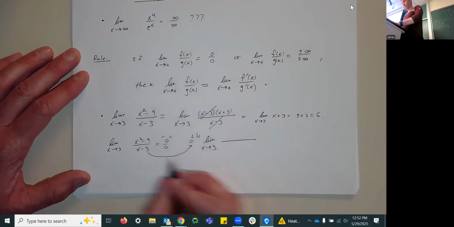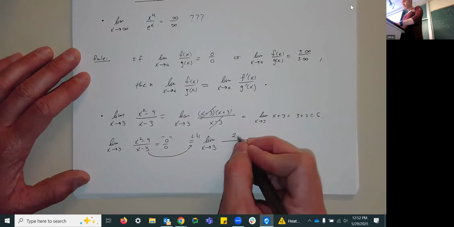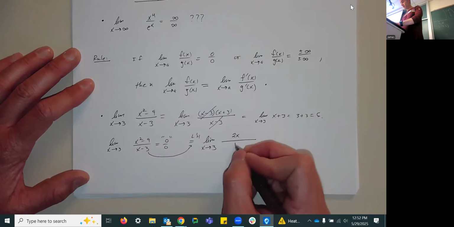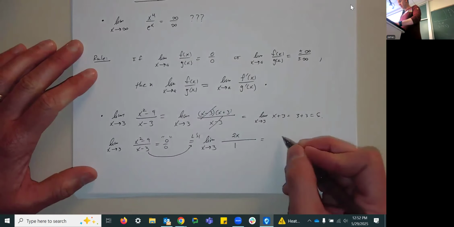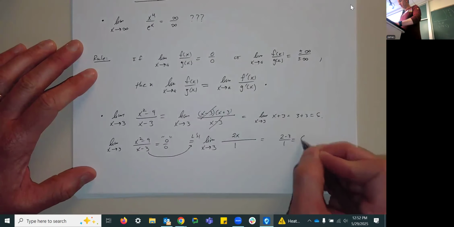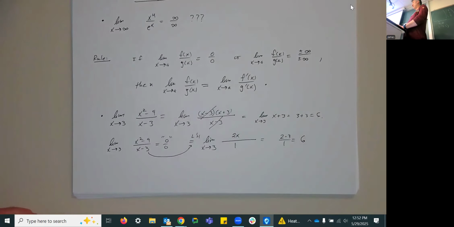And now we're going to take the derivative of the top divided by the derivative of the bottom. And now it's no longer an indeterminate form. It's not 0 over 0 anymore. We can just plug in 3 for x and get 2 times 3 divided by 1, which is 6, which is the same answer, which it should be, right? It shouldn't matter which way you do the limit. You should get the same result either way, as long as you're doing the right work.